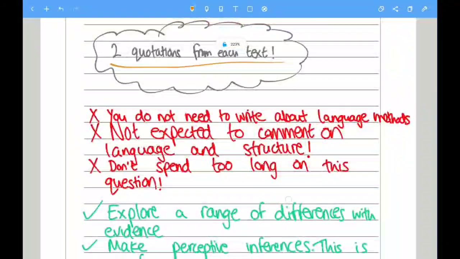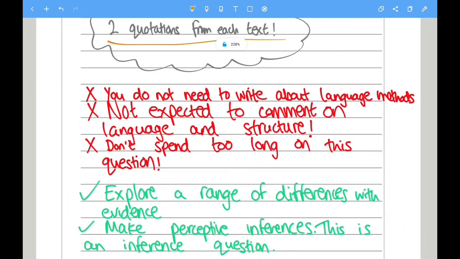Now, some tips in terms of question 2, the do's and the don'ts. So you do not need to write about language methods, as this question is not looking at language or structure. You're not expected to comment on language and structure, so no need to do this, okay? Don't spend too long on this question. As mentioned before, it's only 8 marks, so you should spend up to 12 minutes and then move on to the next question.